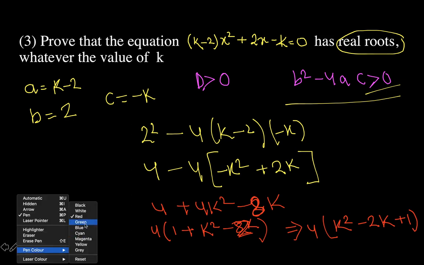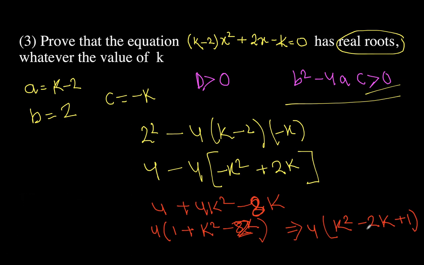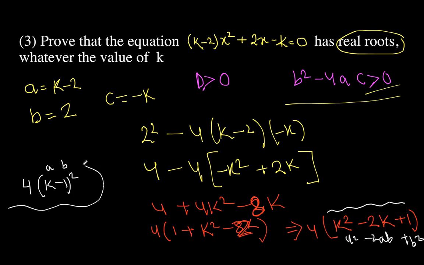So what we have to see here is, what is this? This is a complete square. I will write first 4, and this is a complete square of (k minus 1) whole square. You can check, because this is a square minus 2ab plus b square, where your a is k and this is your b. So this value is going to be always greater than 0, because a whole square is always a positive number.